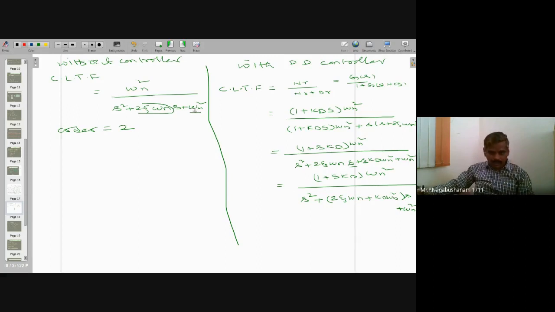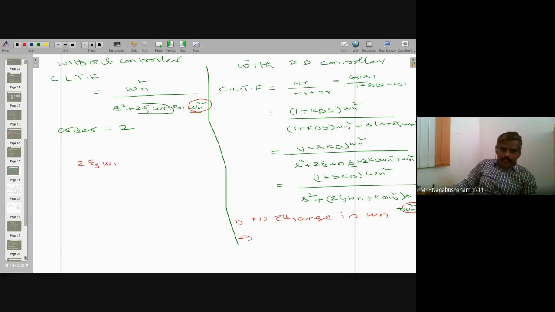Yes, what about the last term? Without the controller, the last term is omega n square, and with the controller the last term is also omega n square. So there is no change in omega, the natural frequency. That is the first point. Second point, what about the multiplication of s? It is 2 zeta omega n.